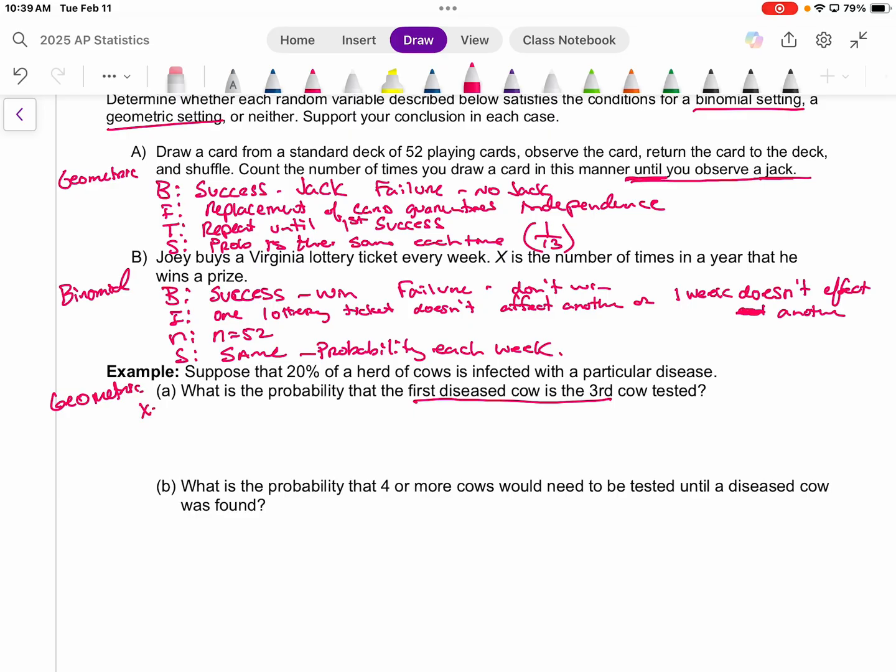So I'm going to let x equal 3. I want to find the probability that the first diseased cow is the third cow, so that's just a geometric PDF. My probability of success is 20%, so 0.2, and then my x is equal to 3.